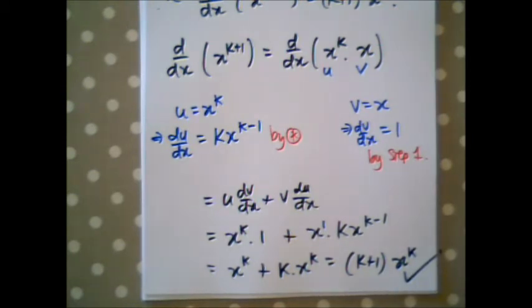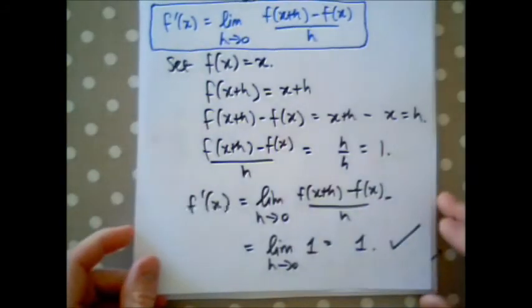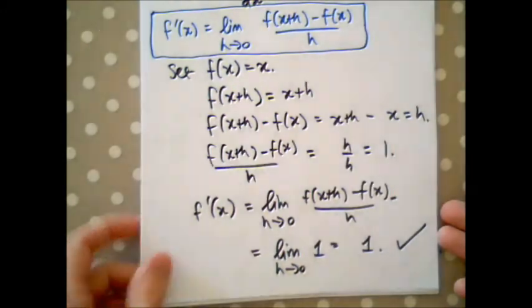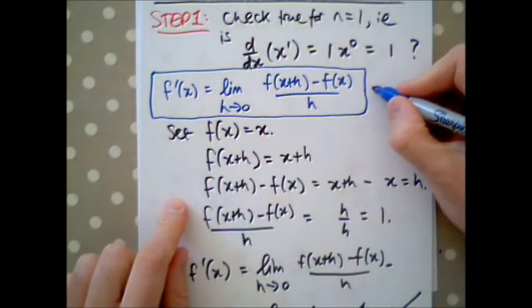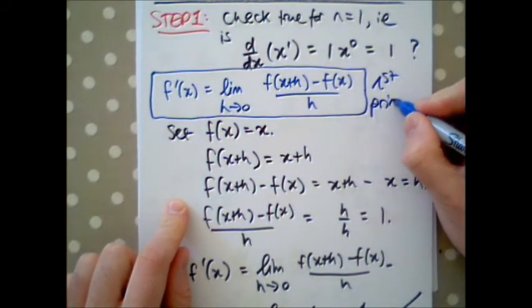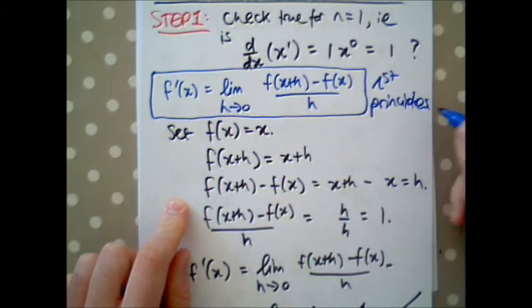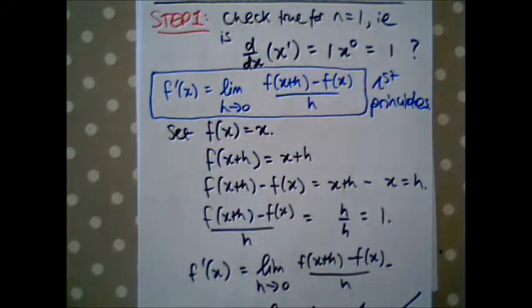So just to remind ourselves, step 1 here is the longest step 1 you'll probably see in an inductive proof. So in order to check that it's true when n is 1, we need to use differentiation from first principles. So we go through the whole rigmarole there, and we show that we do end up with the right answer.